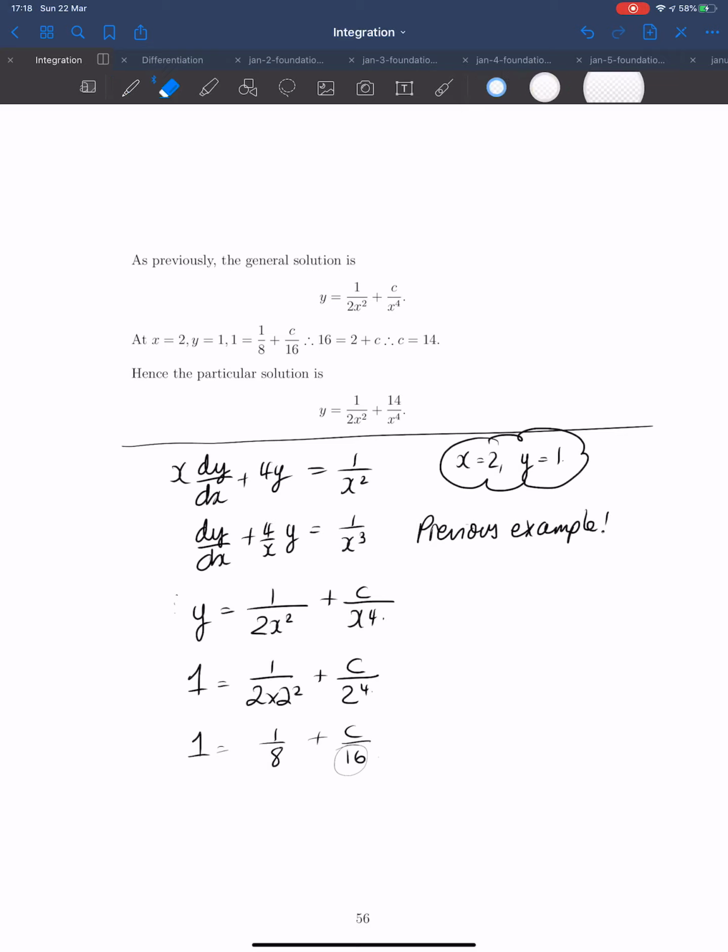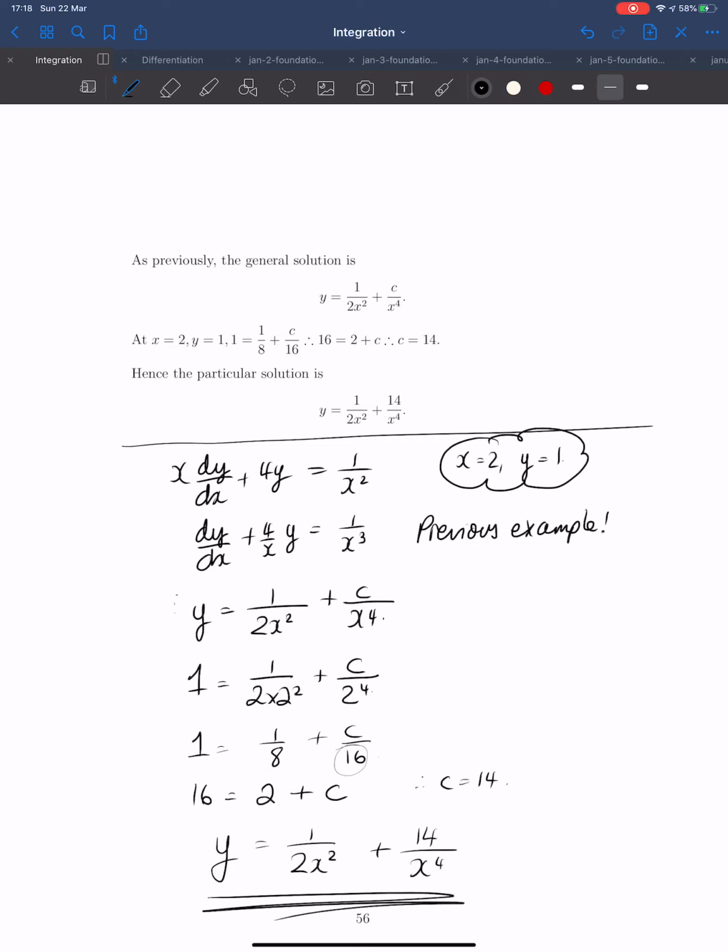So 16 is 2, because 16 times 1/8 is 2, plus c, so c is 14. And we end up with y equals 1 over 2x squared plus 14 over x to the power 4. And that, ladies and gentlemen, concludes the differential equations.